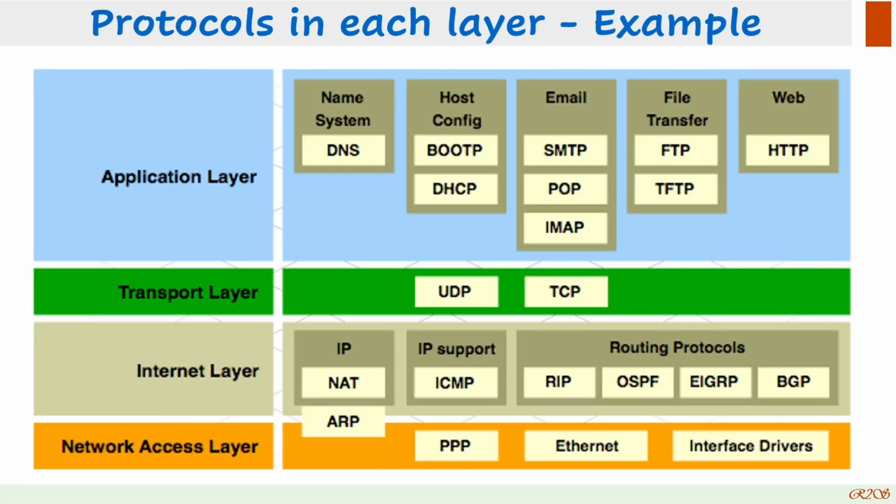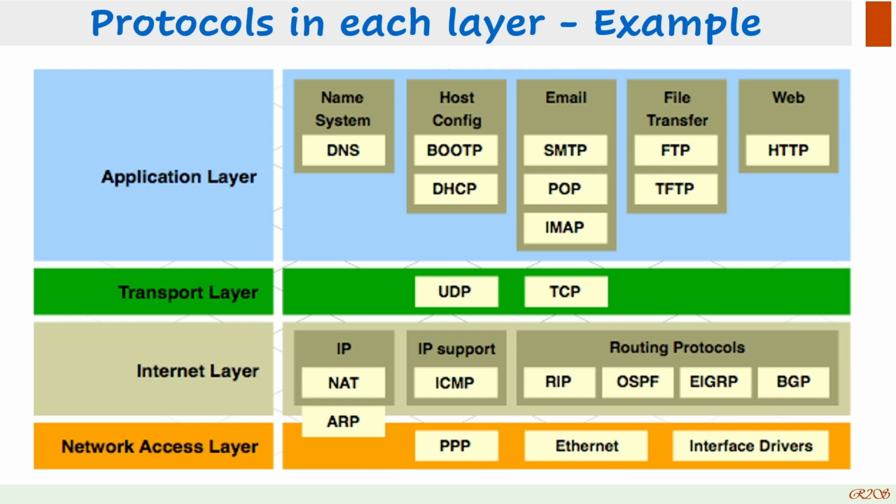So let's see some of the protocols we have in different layers, just to give an idea. We might talk about different protocols in different videos. In this case, the application layer has HTTP and DHCP, the transport layer has TCP and UDP, and the internet layer, or network layer, has IP, OSPF, BGP, and many protocols.